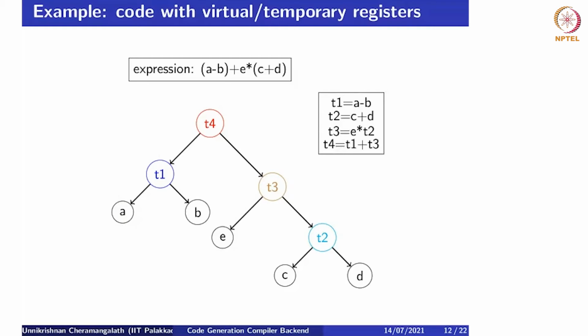I just randomly said it should be possible with 4 registers. If you look at it, suppose we are storing a minus b in one register, c plus d in another register, e star t2 in another register, and t4 in another register. That's what I told as a random, naive answer.